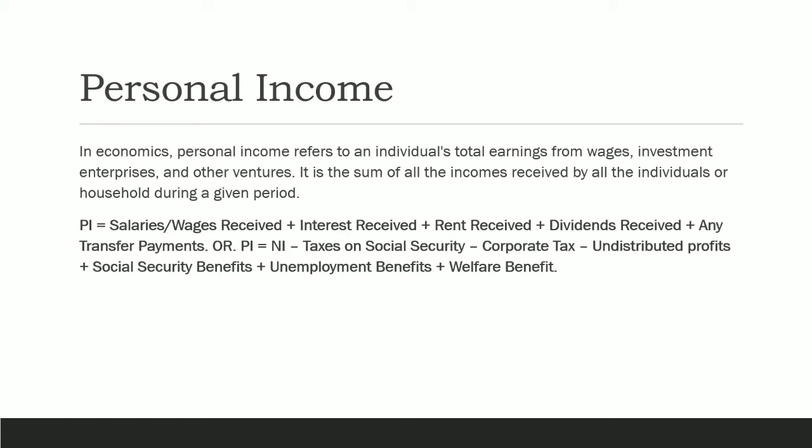Personal income equals salaries and wages received plus interest received plus rent received plus dividends received plus any transfer payment, or PI equals NI minus tax on social security minus corporate tax minus undistributed profits plus social security benefits plus unemployment benefits plus welfare benefits.